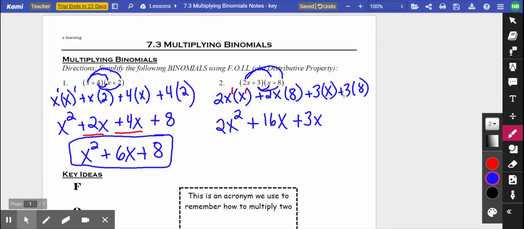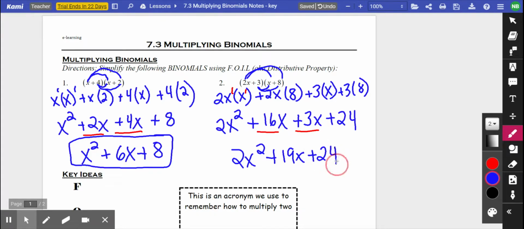And last but not least, we have a 3 times 8, and we get a positive 24. And again, I'm not done yet because I have a couple of like terms here that I need to add together. So now my final simplified answer is going to be 2x squared plus 19x plus 24.